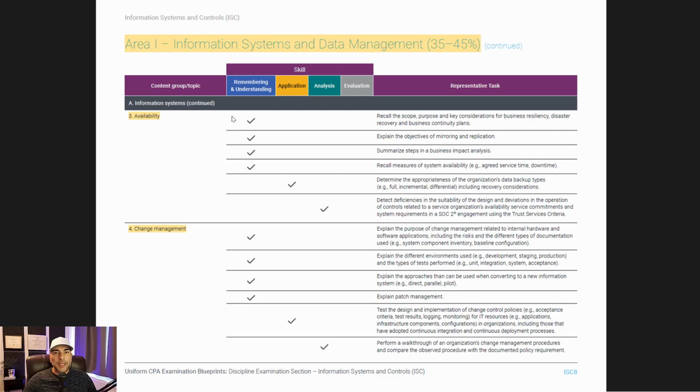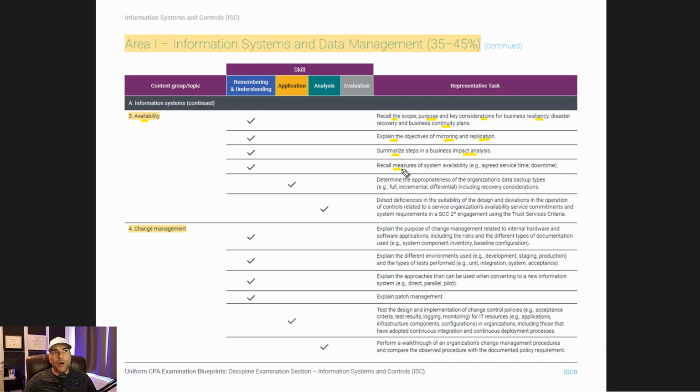Continuing with Area 1, we have availability, where you're going to need to recall the scope, purpose, and key considerations for business resiliency, disaster recovery, and business continuity plans. You're going to need to be able to explain the objectives of mirroring and replication. You're going to need to be able to summarize the steps in a business impact analysis.